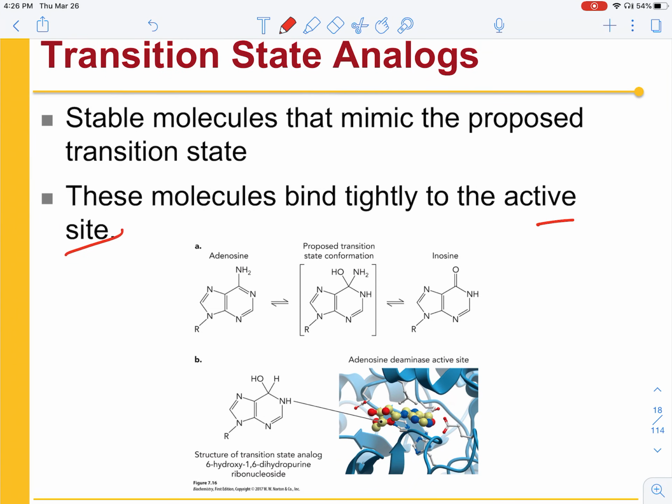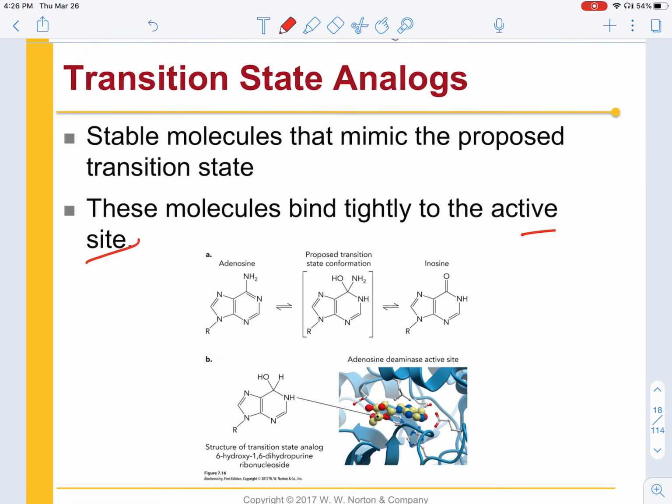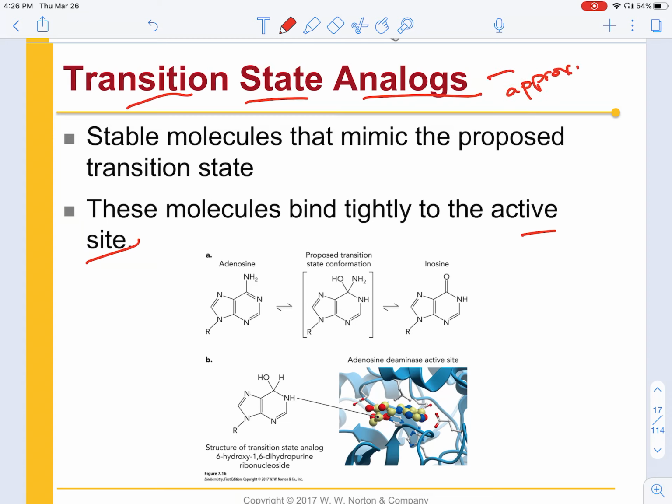So the field of medicine deals in many cases with what are called transition state analogs. An analog is an approximation of something. And so these are things that look like the putative transition state that the enzyme is trying to drive. So these are stable molecules.